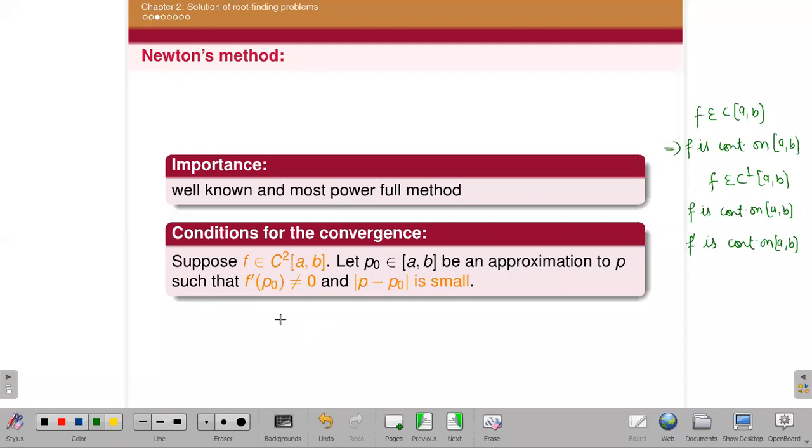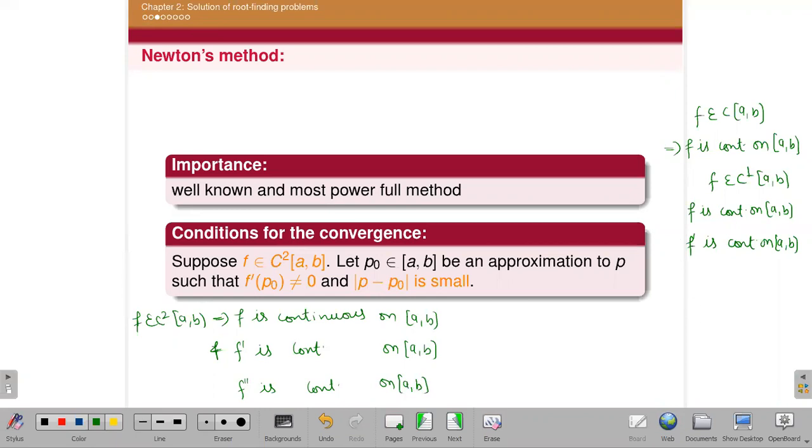But in the Newton method, we will take f is continuous, means I'm taking f belongs to C2 of [a,b]. Which implies f is continuous, and f dash is continuous, its first derivative is continuous on [a,b], and second derivative is continuous on [a,b].